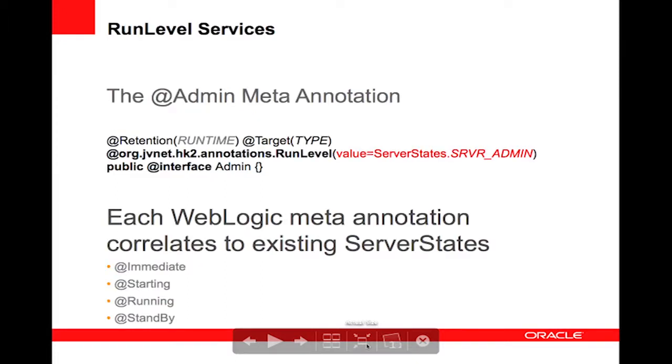First, the RunLevel Services. As I said, we needed a facility to mainstream the startup services and startup sequence of an application server. This all comes down to a number of actions that need to be applied in the right order.